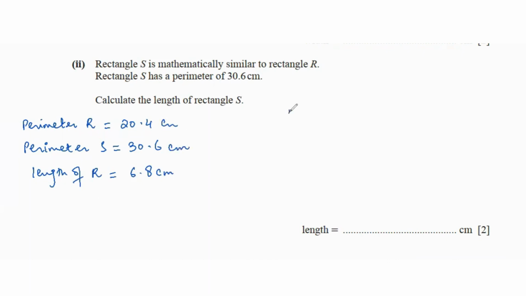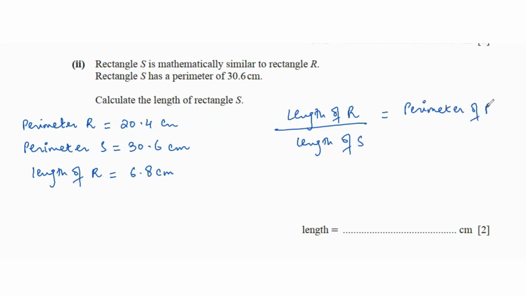So we can make a ratio: length of R over length of S equals perimeter of R divided by the perimeter of S. So that's going to be 6.8 over x equals 20.4 over 30.6.